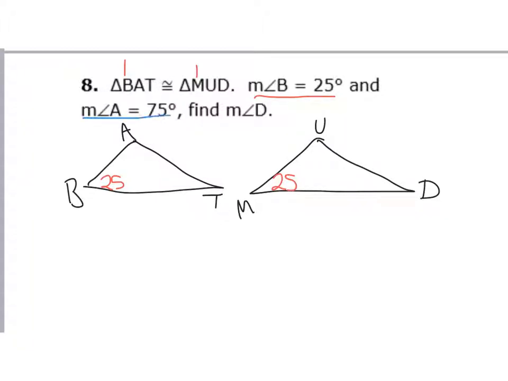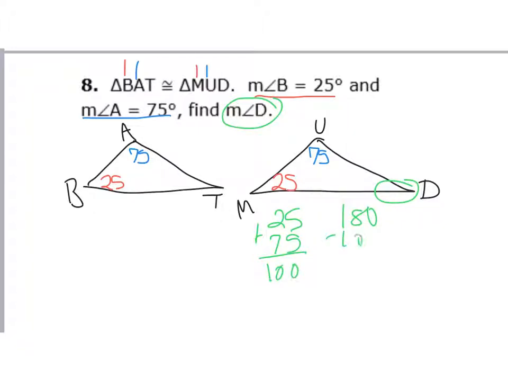And then A is 75, and A matches with U. And my goal is to find the measure of angle D. Okay, and just like last time, I know that the third angle in a triangle is what's left out of the 180. So if I've already used 25 and 75, I've already used 100 degrees, so left is going to be 80 degrees for angle D.